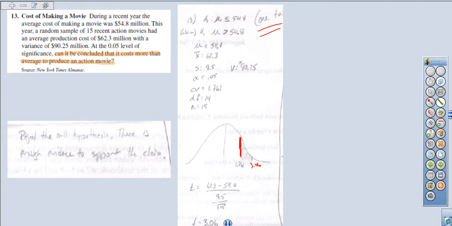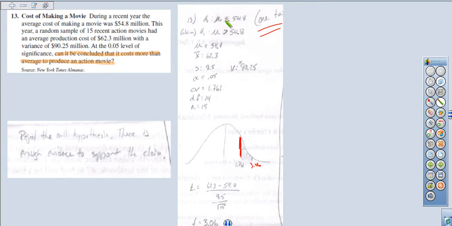We read the bottom part and it says, can it be concluded that it costs more than average to produce an action movie? So what we're saying now is there a change going on? So our claim becomes the alternative. If you look at the answer key in the back of the book, it really just depends.